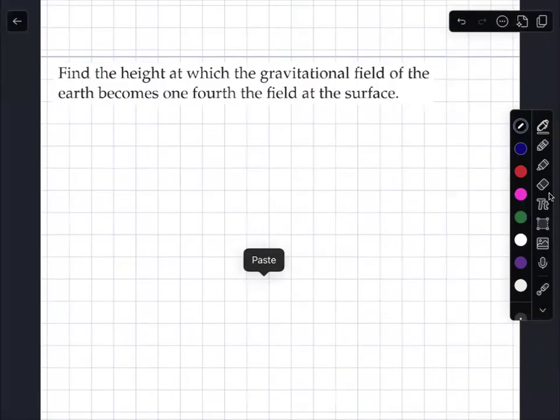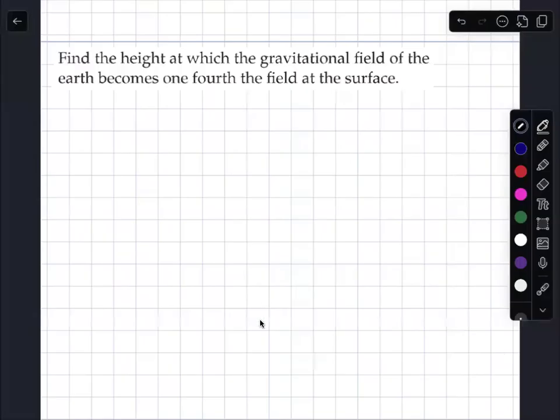Find the height at which the gravitational field of the earth becomes 1/4 the field at the surface. g_h is 1/4 g naught. g naught times R by R plus h whole square is 1/4 g naught.